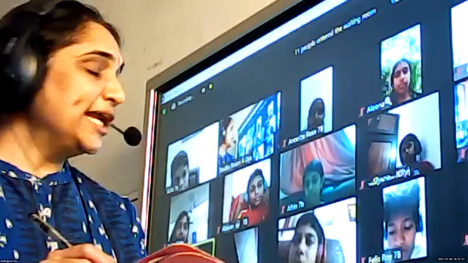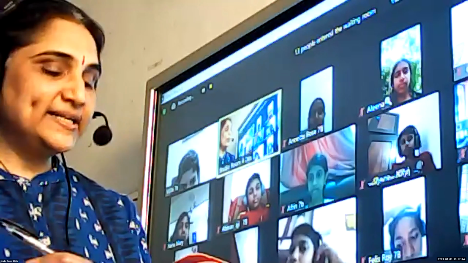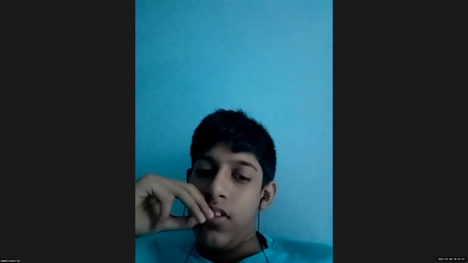Which are they? White blood cells, red blood cells, and platelets. Dia, repeat it. Abhinav, Manoj, which are the types of blood cells? Red blood cells, white blood cells, and platelets.